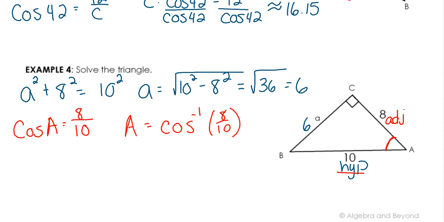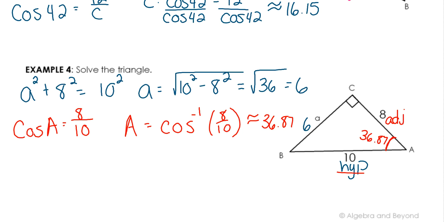And if your calculator has sine, cosine, and tangent buttons, they should also have the inverse buttons there to help you out. So you're going to hit the inverse cosine of 8 over 10. And when I type that in, I get an angle measure that's about 36.87 degrees. So this angle down here is 36.87.